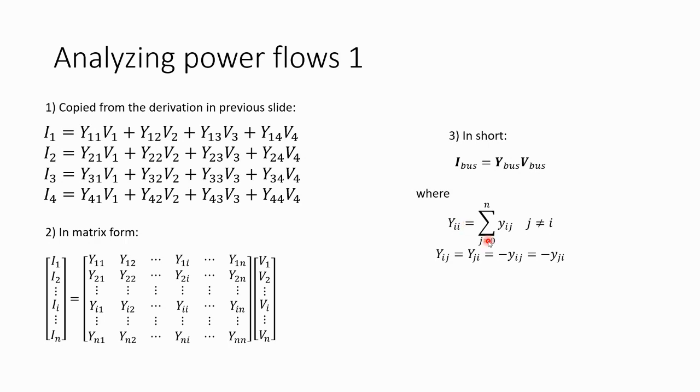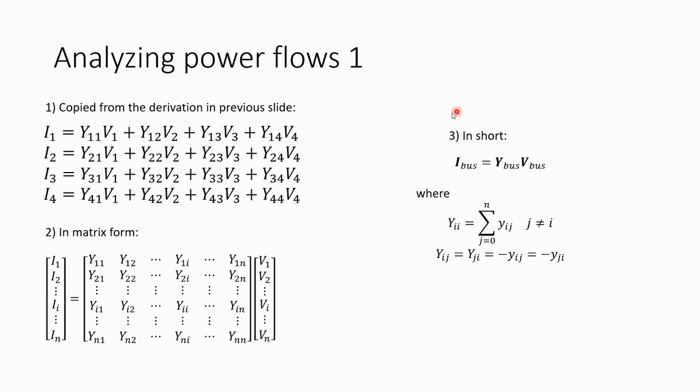And it will be the summation of all the branches that are connected to the bus. And we also have the off-diagonal elements that we mentioned and defined earlier. Y12 equals Y21, or in generic terms, Yij equals Yji.